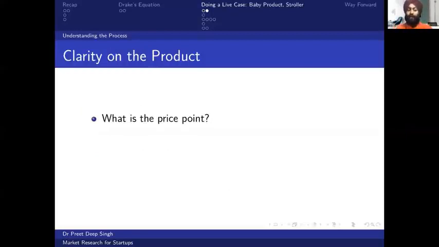Okay, let's say clarity on the product. What are the aspects that you need to know about the product when you get clarity? This is very indicative. Your product will have a lot more. What is your price point? That's the first point. Price point, this pram stroller, how much is this for?